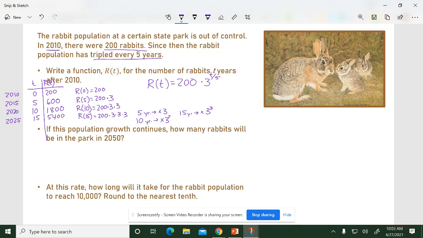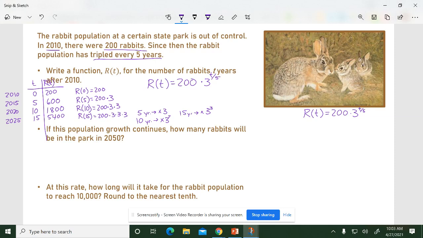So that's how we set that equation up. And I'm going to write that equation over here under the rabbits so we have it to refer back to. So R of T is equal to the original 200 rabbits times 3 for every T over 5 years. All right, or every T years divided by 5 is how I should have said that.